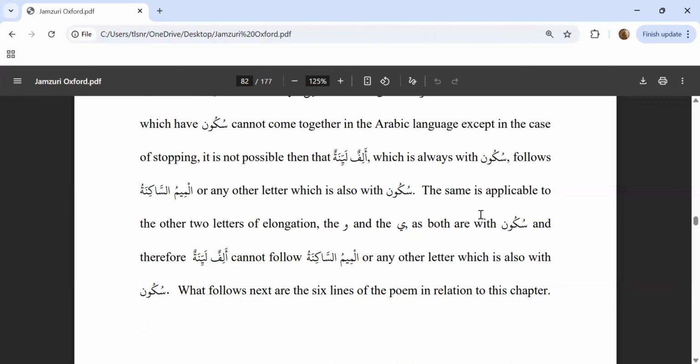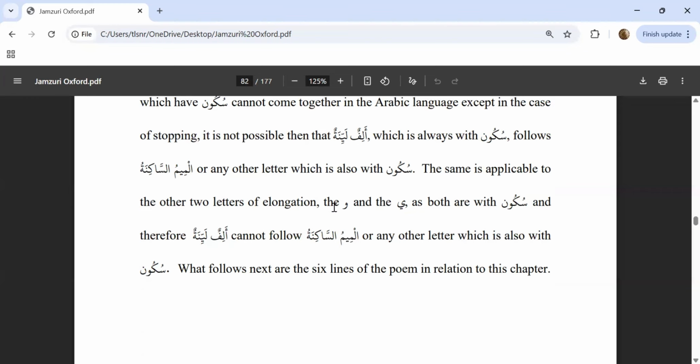And the same is applicable to the other two letters of elongation, the waw and the ya, as both of them are with sukoon. And again, we're speaking about when the waw and the ya are in a state of elongation, not when they are in their other state of mutaharrika.